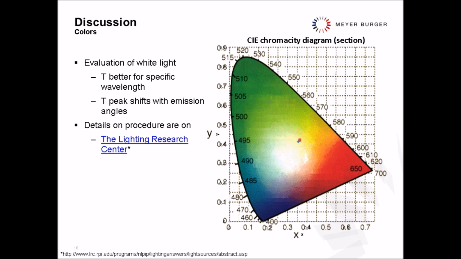So here we are at the discussion slides about colors. What we want to do is to evaluate how the white light changes if there is a transmission peak, or if this same peak shifts when the emission angles are different. The procedure followed is detailed on the Lightning Research Center site, which we have a link here below.